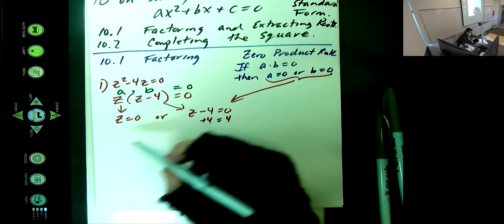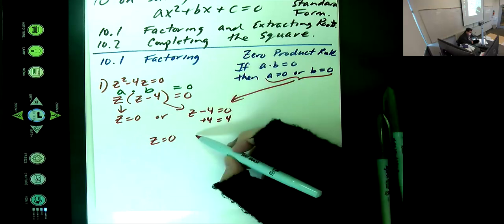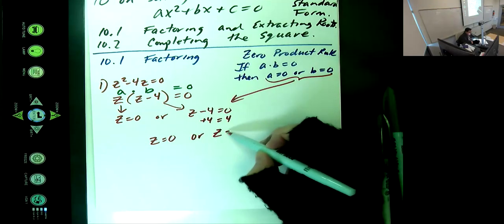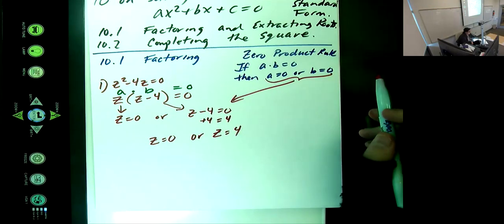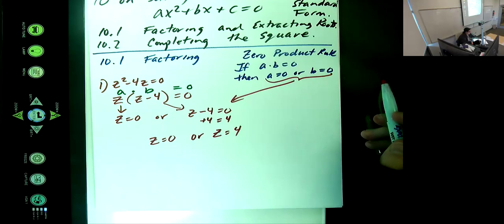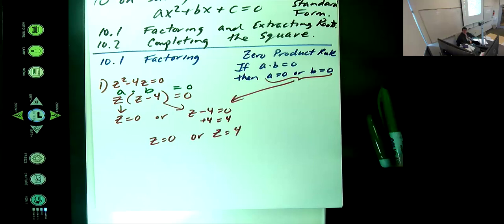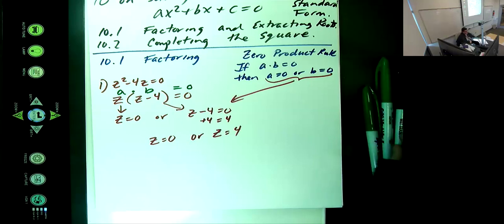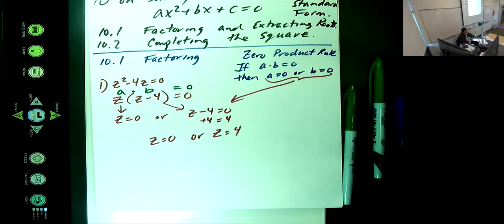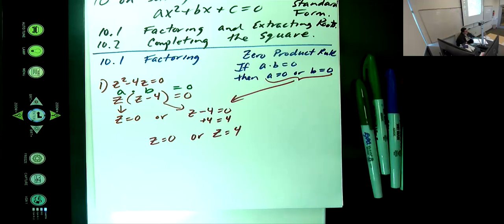The left one's already solved, so we get z equals 0 or z equals 4. That was just to illustrate it.